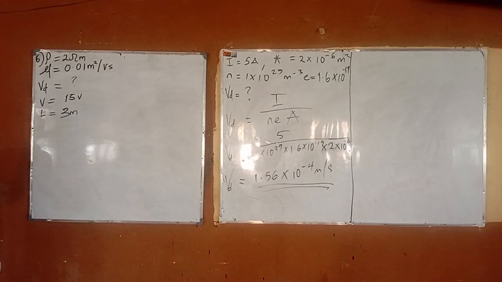So if I know this, to solve this now, the drift velocity will simply be making use of the right formula. Once you look at the question, you know which drift velocity formula you are supposed to use. You see there's no current there.